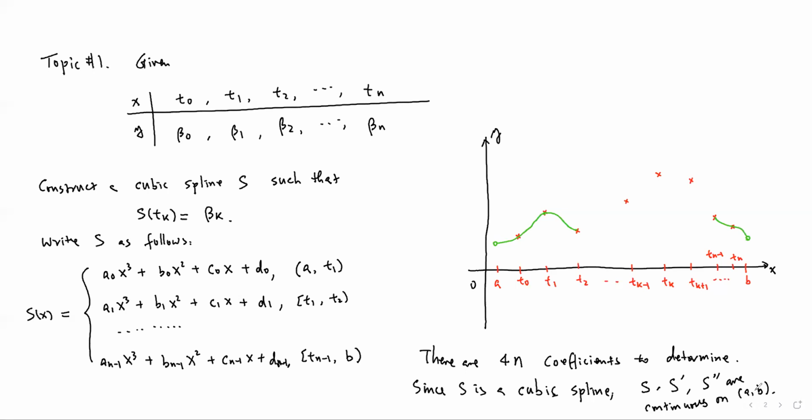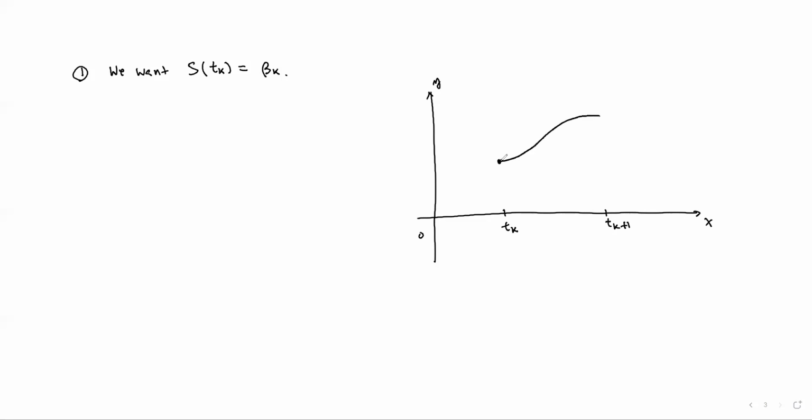Let me redraw a diagram. This is x, this is y. Suppose t_k is here, and t_(k+1) is here. Then over this interval, we have a cubic polynomial.